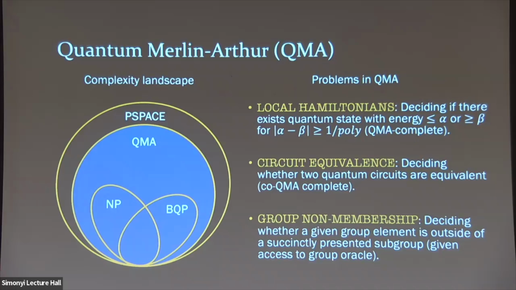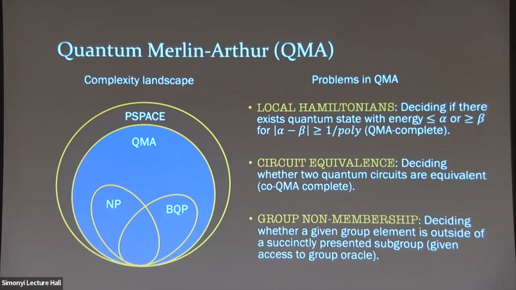So I'll get to this. Here we're talking about non-membership, if you want to prove that an element is not a member of the subgroup. As far as I can tell, there's no MA or AM protocol known for this. But it was observed that to prove that an element is not in a subgroup, there actually is a succinct quantum proof.